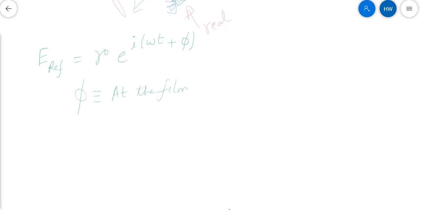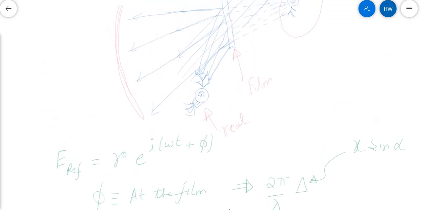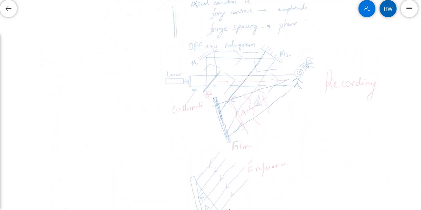right? It is tilted. So remember that this phi is actually 2 pi over lambda times delta, where remember what was delta? Delta is simply x times sine alpha. Alpha was, remember, the angle at which we came in. Let me just remind you of alpha.